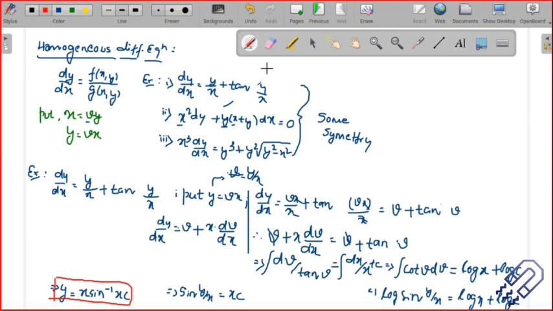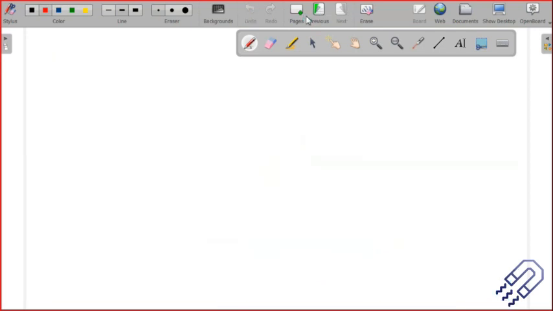Let me give you just one sum here, and then you can just practice. Very important. So I will give you one problem here, and you have to solve it. (1 plus e to the power x by y) dx plus e to the power x by y (1 minus x by y) dy is equal to 0. Practicing is very important.